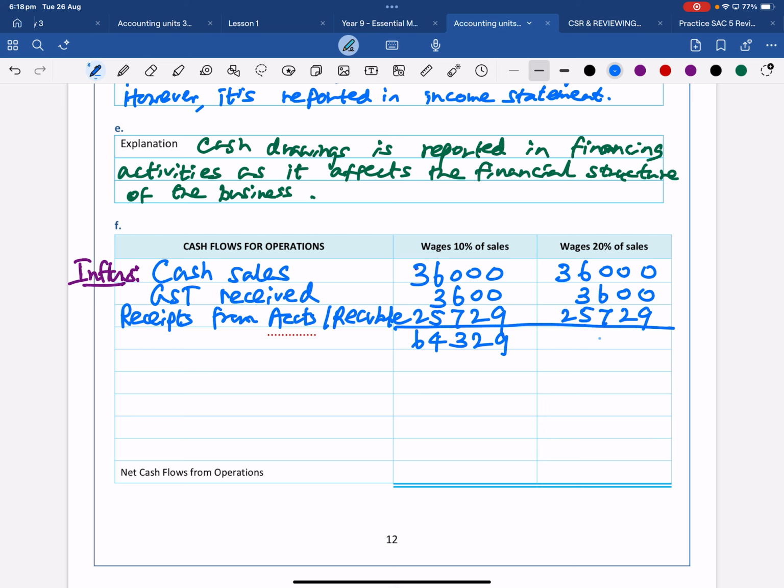In this case, let's do it. And please write the outflows.